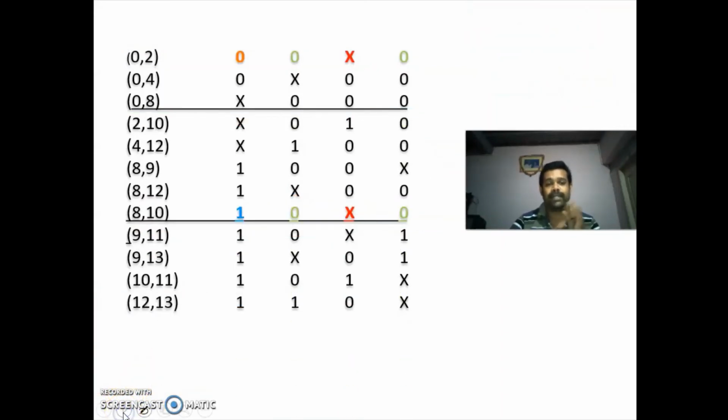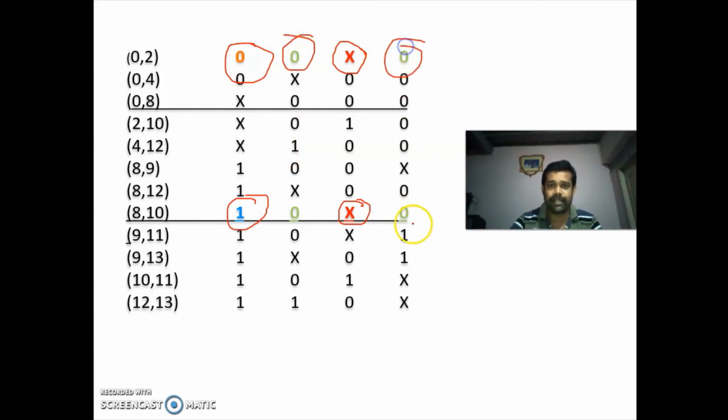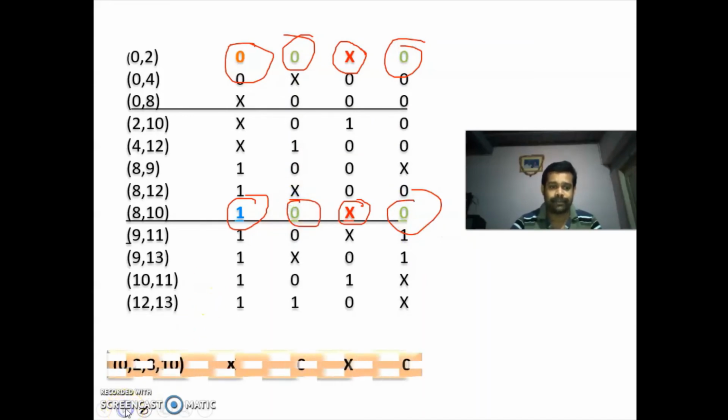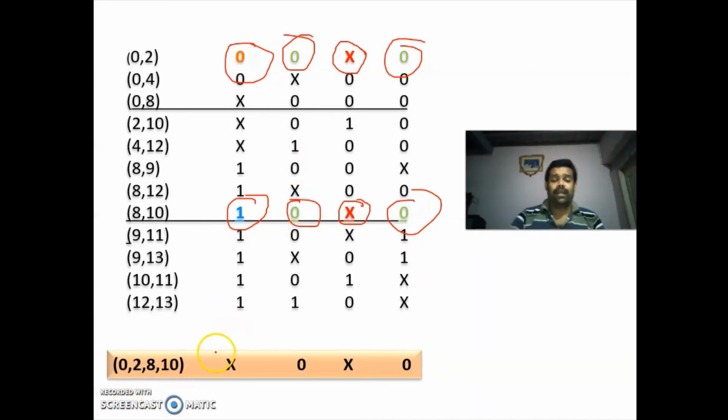So we are going to compare 0, 2 and 8, 10. So we are checking the position x. Both are having x in the same position and they are differing only by 1 bit. In this 1 bit only it is differing, and all the other things are the same. Here you are having same, here same, here same, here same, and what you are getting is x0 x0.